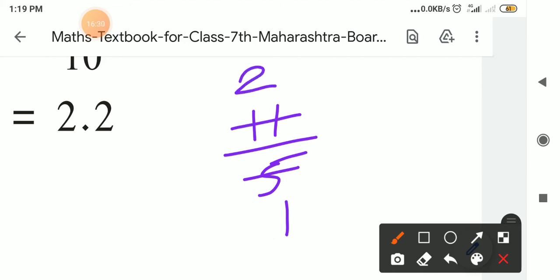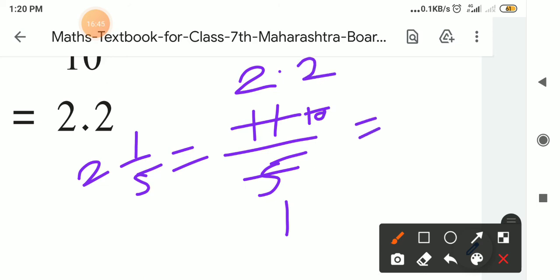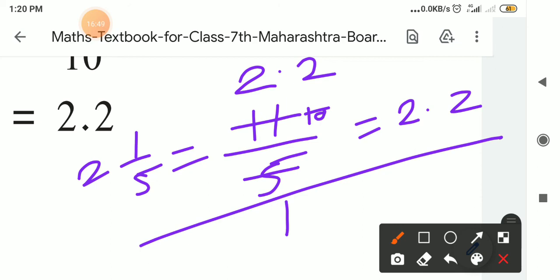So 11 minus 10, what do we get here? 1. On 1 you have to take 0. Here give the point. 0 taken, that's why you have to give the point. So here 5 ones are 5 and 5 2s are 10. Answer is 2.2. This method we generally use in 9th, 10th and all further classes.